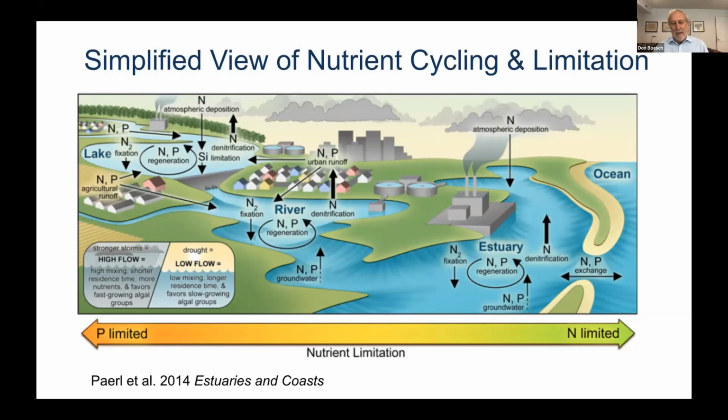So in many of these coastal sediments, there's a ready supply of phosphorus that can be released, and the nitrogen burns out faster than the phosphorus. But as I said, it's not always that simple.